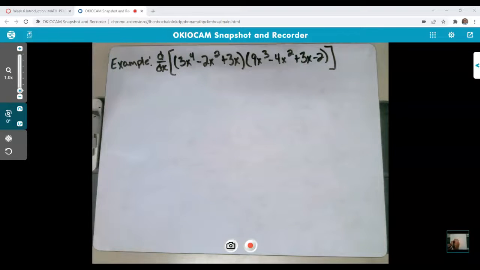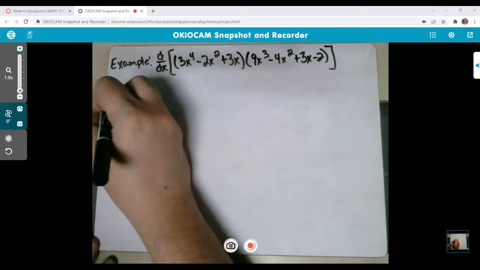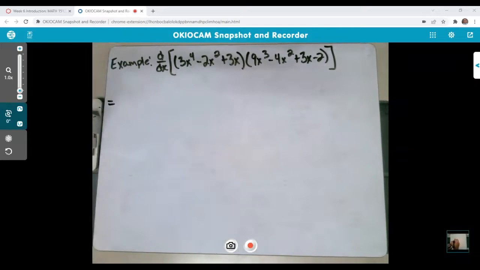So this one has more terms, it's longer and all of that stuff, but the process is the same, so don't let something like this scare you, okay? Because I'm doing it the same way. Even though there are more terms, it's still doing the same thing.